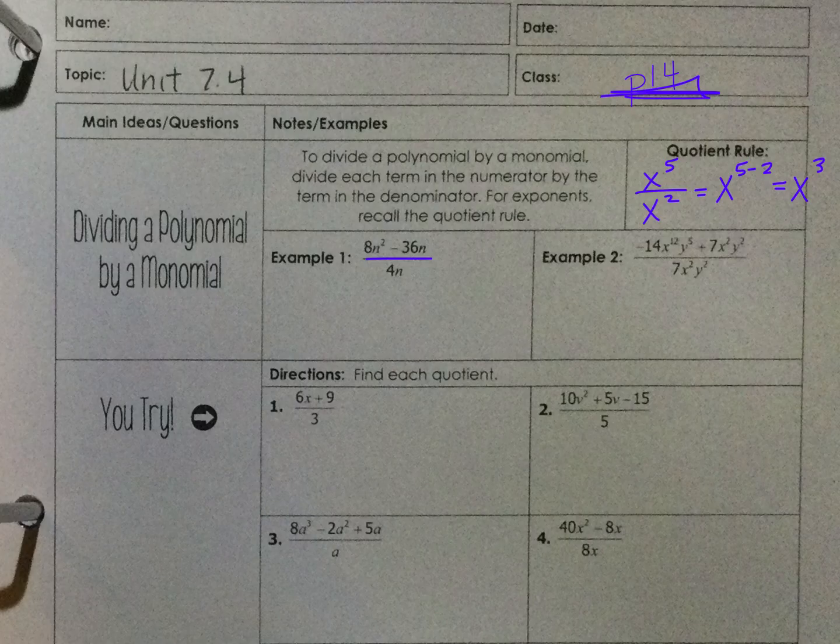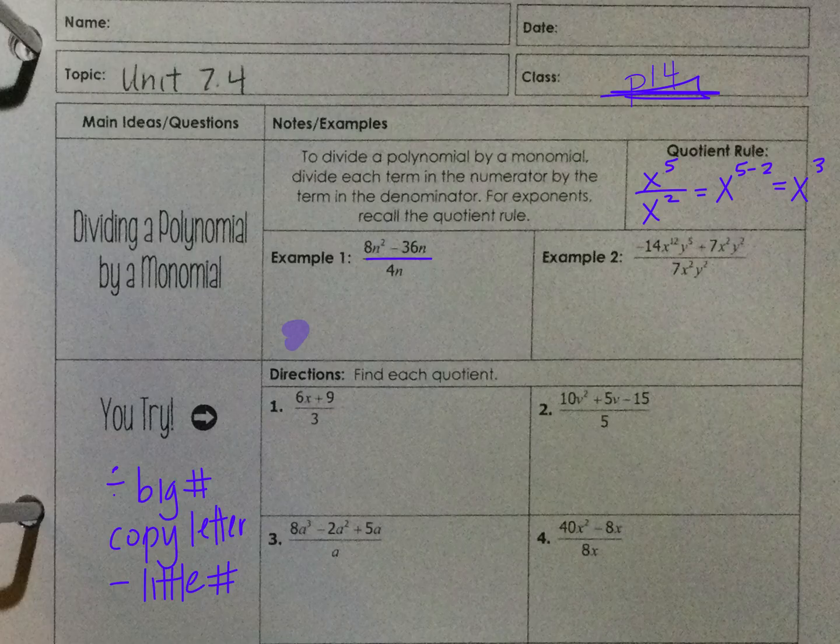So in all of these, we're going to divide the big numbers. We're going to copy all our letters. And then we're going to subtract the little numbers. So let's do this example first.